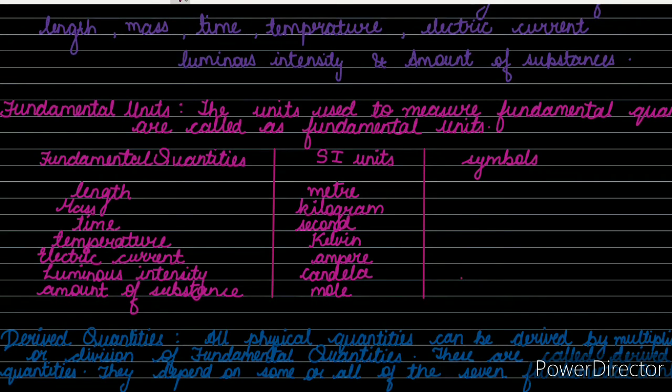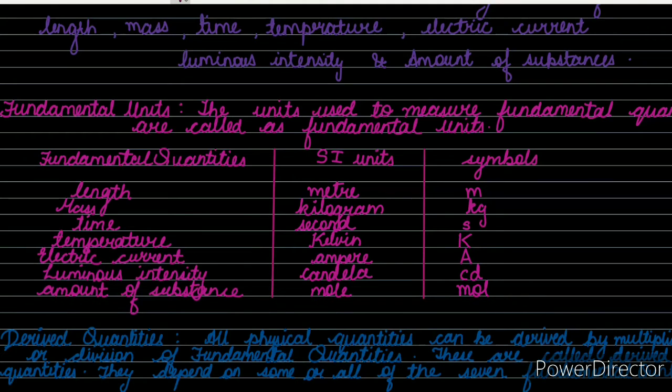So what about its symbols? Meter is represented with the small letter m, kilogram as kg, second as small s, Kelvin as capital K, and ampere as capital A, candela as small cd, and mole is represented as mol.